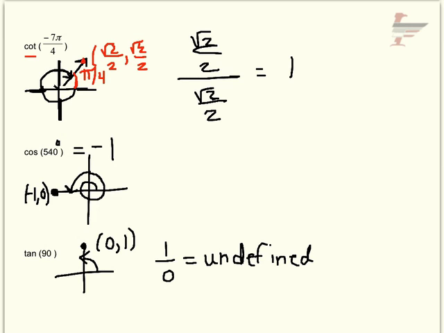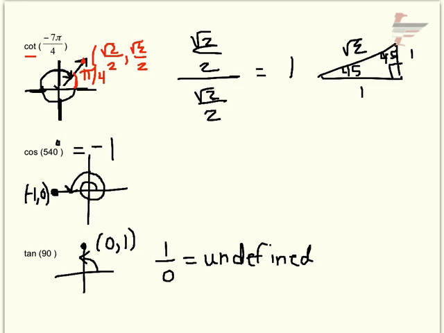By the way, if you don't like the unit circle, still not a big fan, well, first of all, bummer for you. But if you don't, please remind yourself you can draw triangles. Now, you can't draw triangles with quadrantal angles, like ones that land right on an axis, but this cotangent one, you could figure out its reference angle, which was pi over 4, and then say, well, I know pi over 4 is 45 degrees, so then you'd draw your 45, 45, 90, and you know the ratios of those are 1, 1, square root of 2. Then cotangent is adjacent over opposite, since tangent is opposite over adjacent.